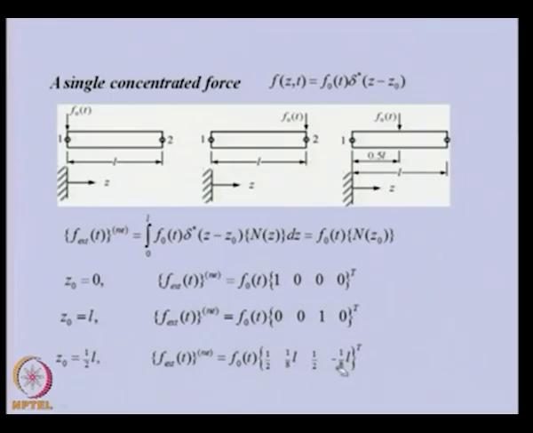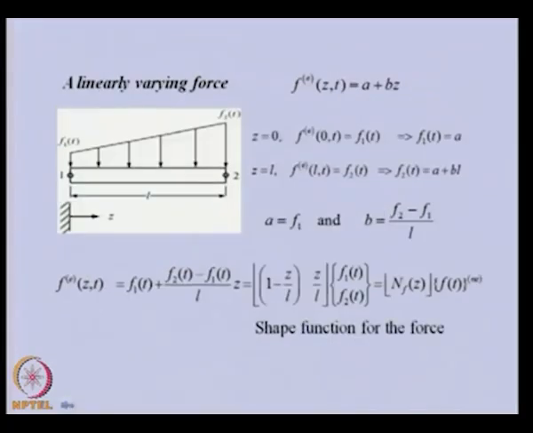You can see the advantage of the consistent force vector, that it is more accurate and is not based on the lumped force analysis. Another case, let us say the force is linearly varying like this, with the amplitudes given. Because it is linearly varying, let us express the force as a linear polynomial where a and b are constants to be found from the end conditions of the force distribution.